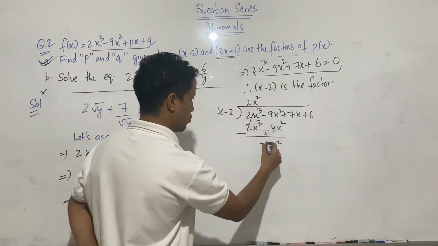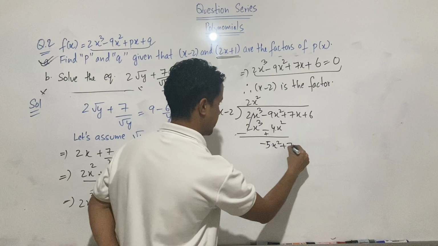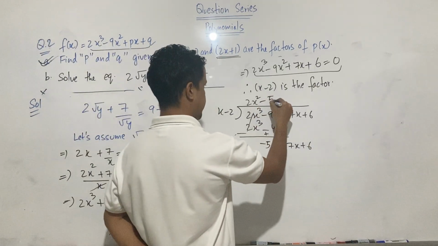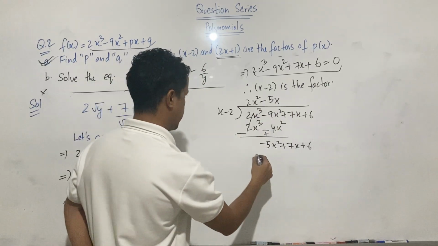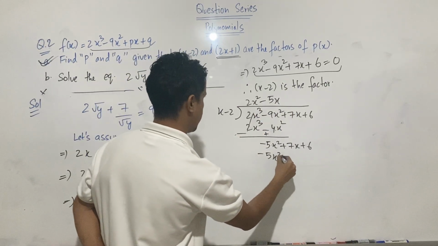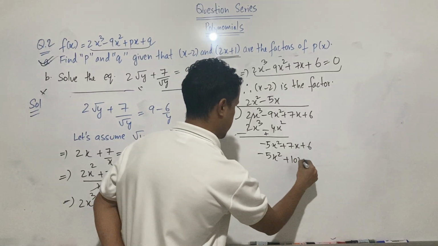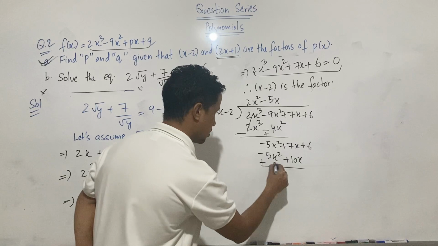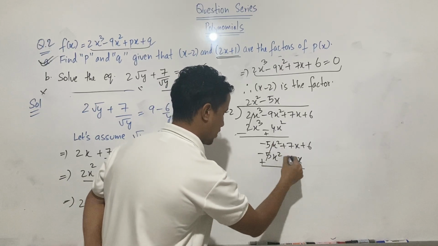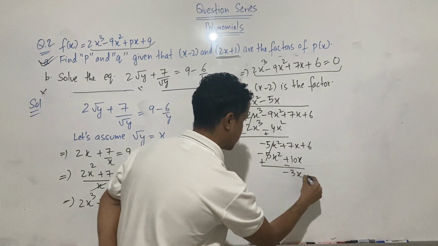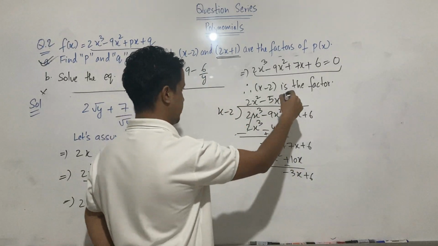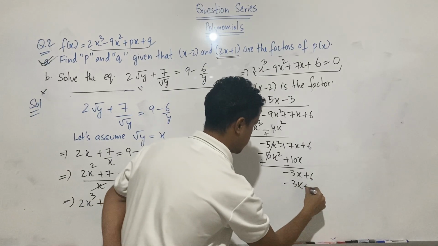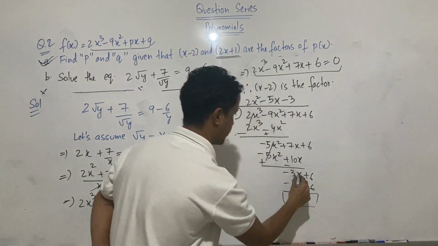Minus 4x squared plus, so minus 5x squared plus 7x plus 6. So here will be minus 5x squared plus 10x. If I subtract it, here will be minus 3x plus 6, and here minus 3. So minus 3x plus 6, remainder 0.